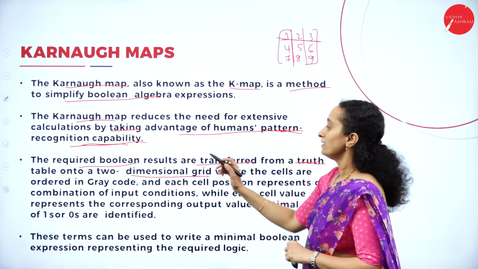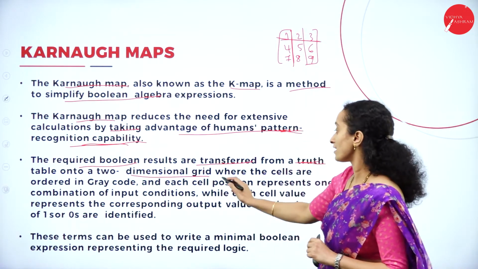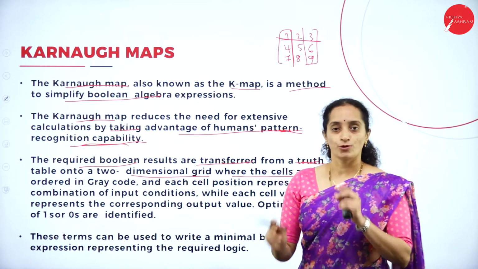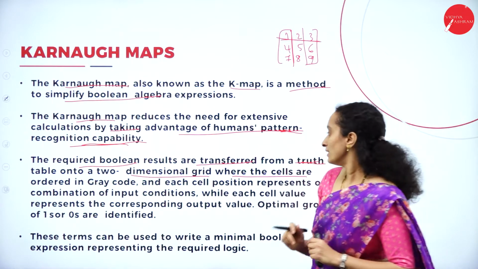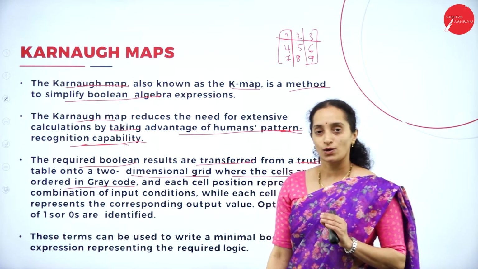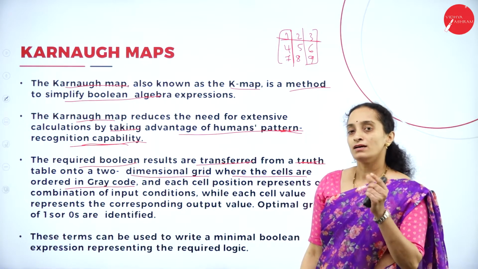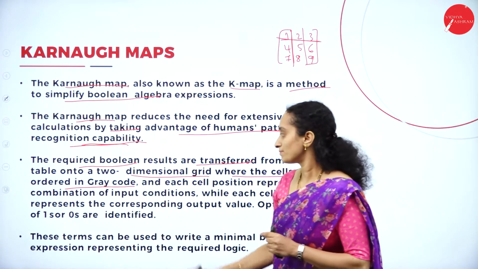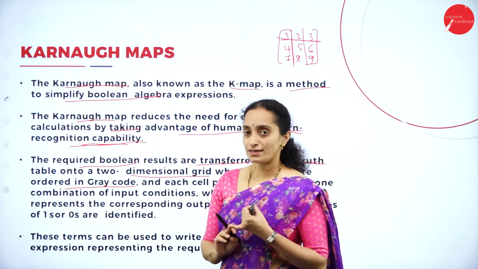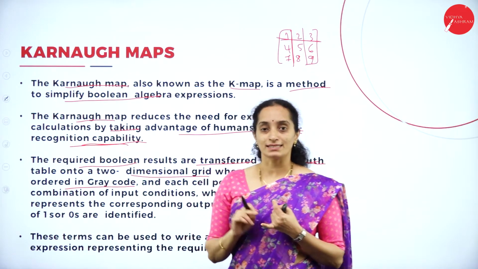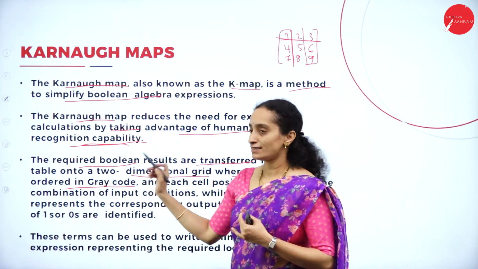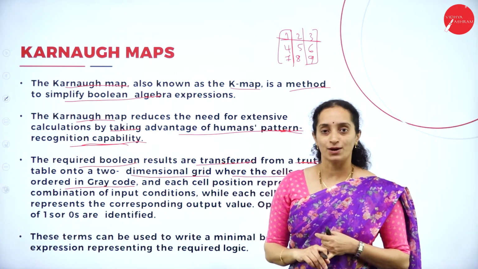Alright, it will be transferred to a 2-dimensional grid like this, where you will have cells in the grid which are ordered in Gray code. Gray code, as I have said, changes by 1 bit. If you remember, Gray code, the BCD, that is binary coded decimal, XS3 code, in that we introduced you to the Gray code, isn't it?